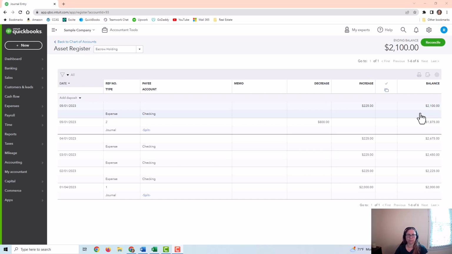So I hope that makes sense. And so you're going to have to watch the statement for that because, like I said, it's not directly coming out of the checking account, it's coming out of escrow with the mortgage company. So to record those expenses, you will need to watch for those items on your statements.